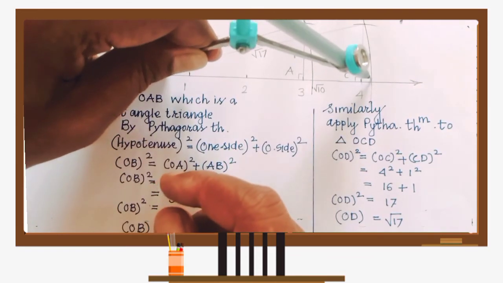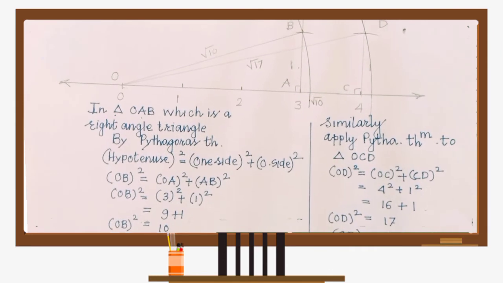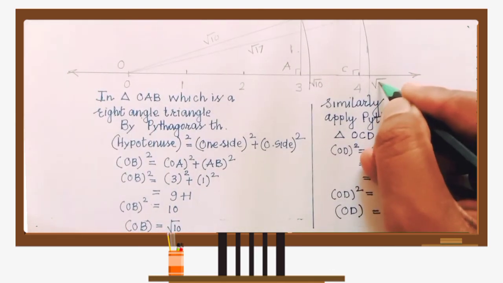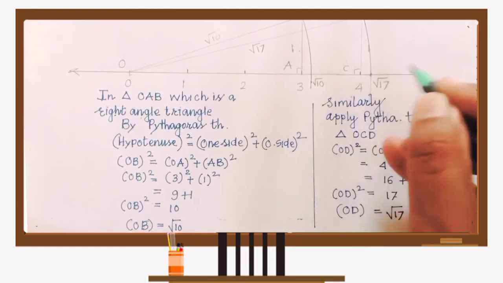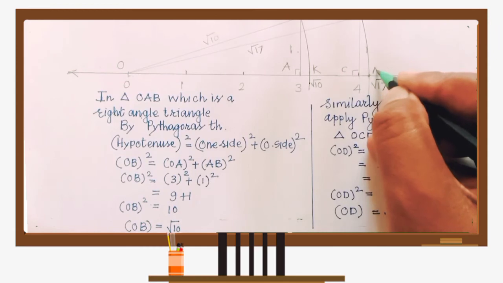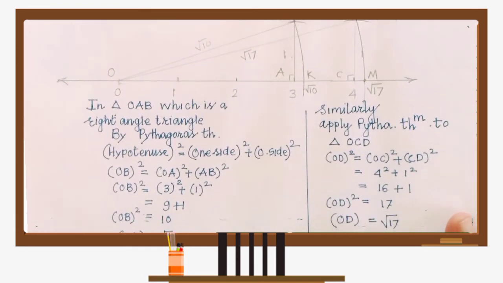This is our point root 17. In this way you can draw various points on the number line.